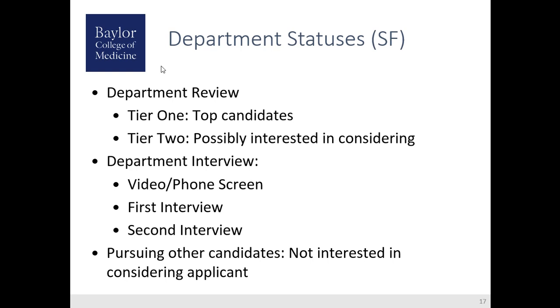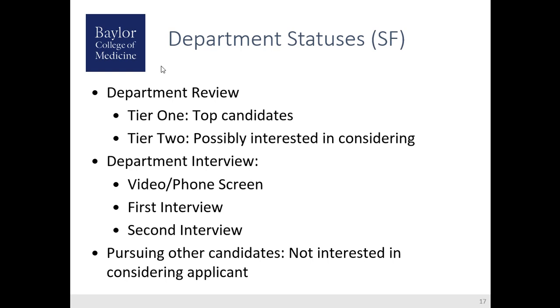So if you want to leave department review for just those new applicants that the recruiters moved over that you haven't looked at yet, and then tier 1 would be people that you've moved to that category because they're a top candidate. Tier 2 might be people that you might be interested, but maybe they don't have everything that you're looking for. And then there's also the category of pursuing other candidates, which means you already know that you're not interested in considering that applicant, so you can go ahead and move them to that category.